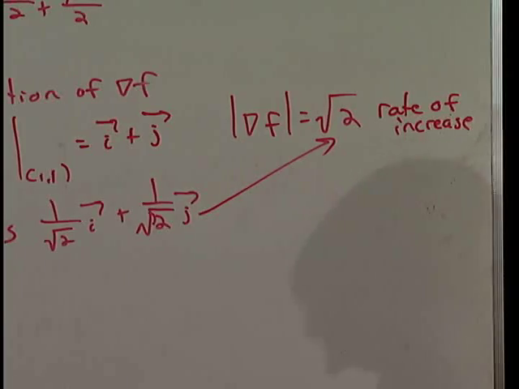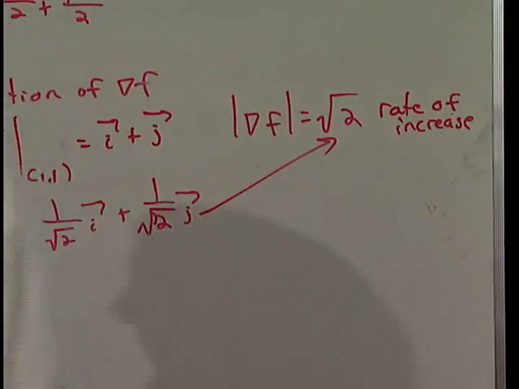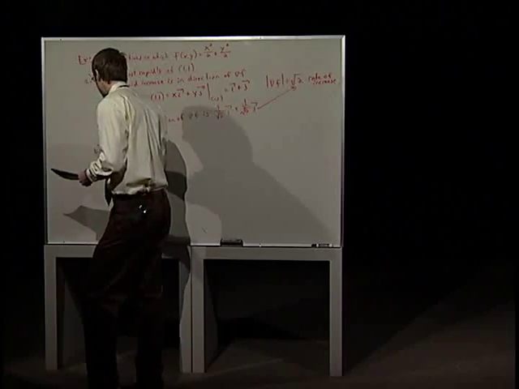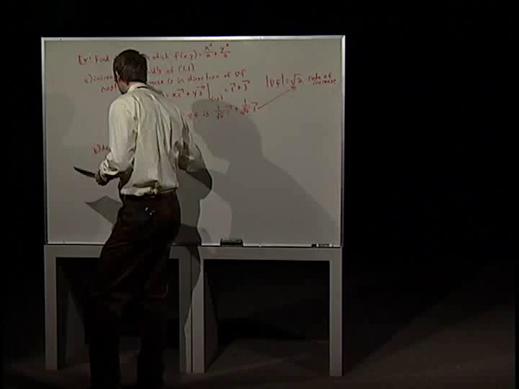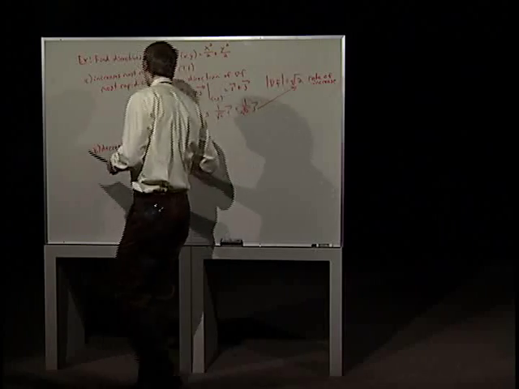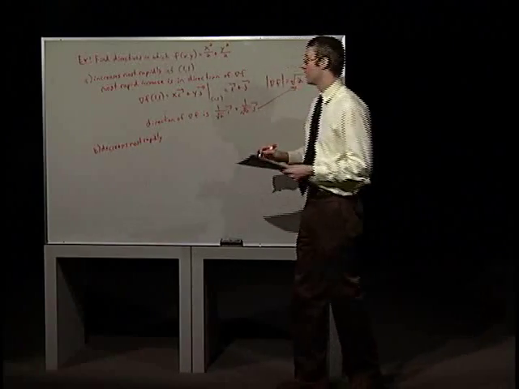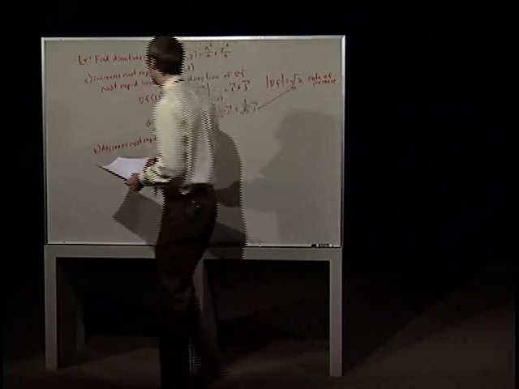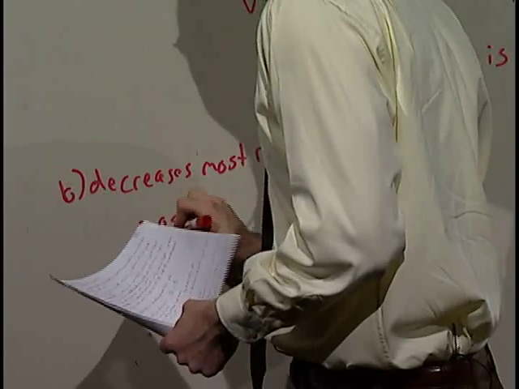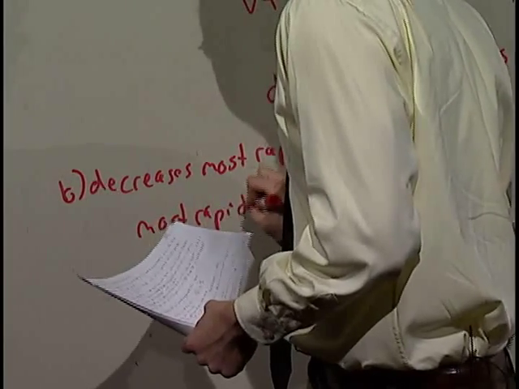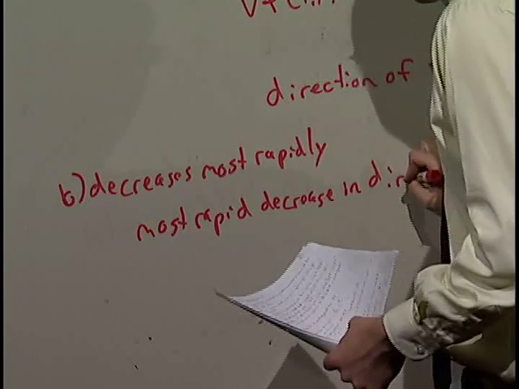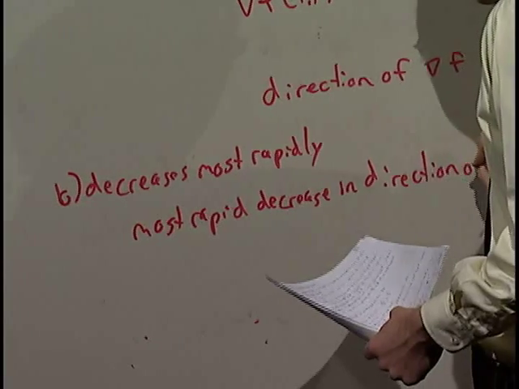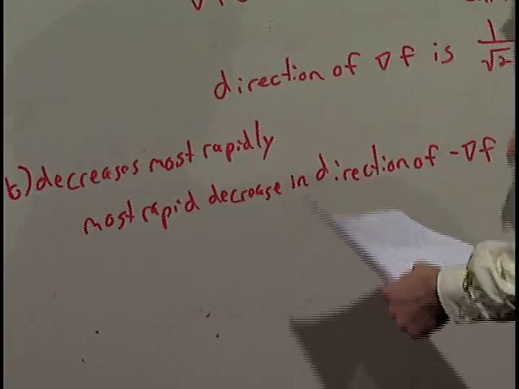Okay, how about the same question, only now we're going to look at rapid decrease? So, decreases most rapidly. Well, the nice thing is I've already done all the work we need up here. Most rapid decrease is in the direction of negative grad f, right?